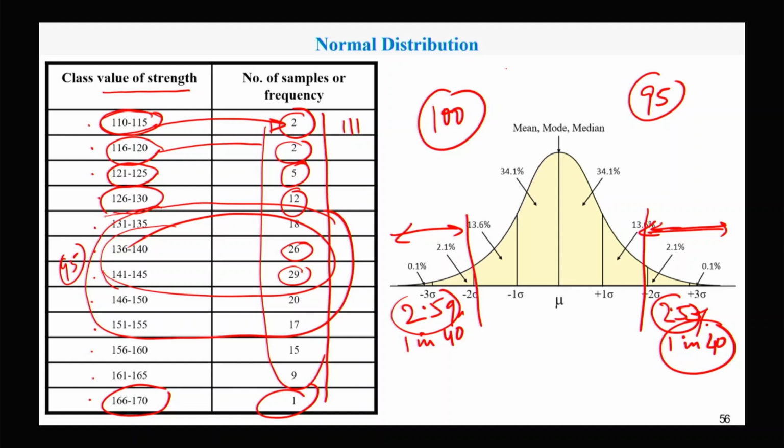So this is the basic understanding of the normal distribution and its basic properties. This property we can assume for our normal calculation.